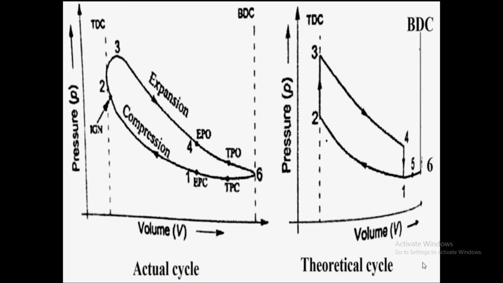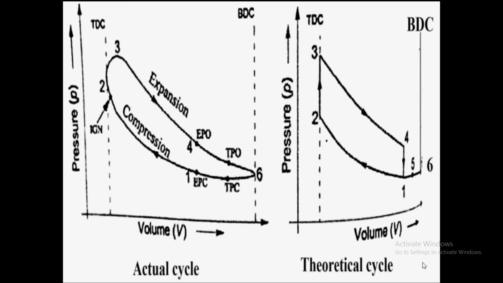Before the end of compression, the charge is ignited, which is denoted by IGN, with the help of a spark plug. The combustion of the air fuel mixture increases the pressure and temperature of the products of combustion. During this process, the volume remains constant. So this is represented by the line 2 to 3. The expansion process is shown by line 3 to 4.